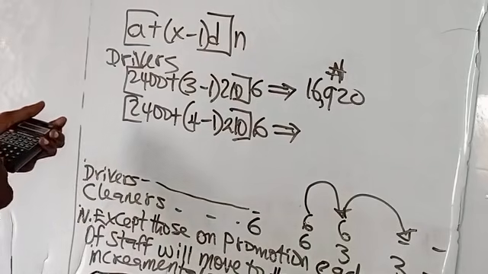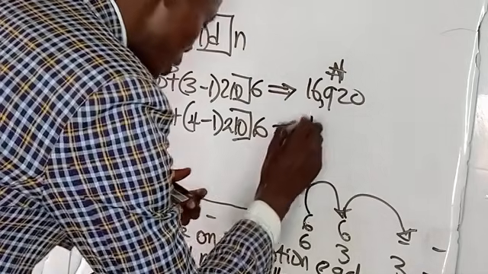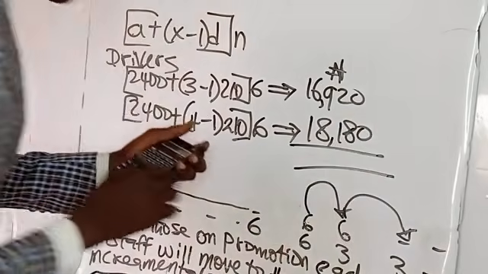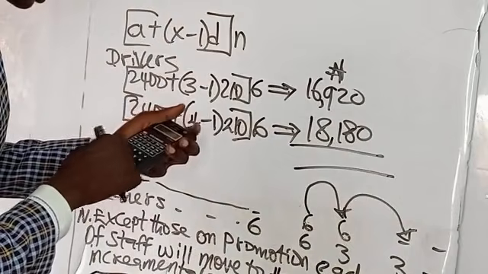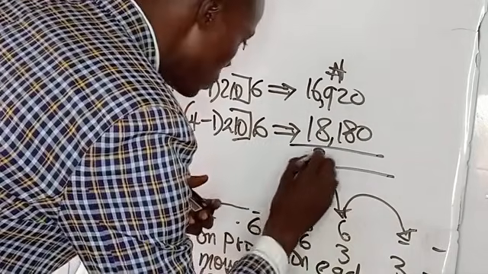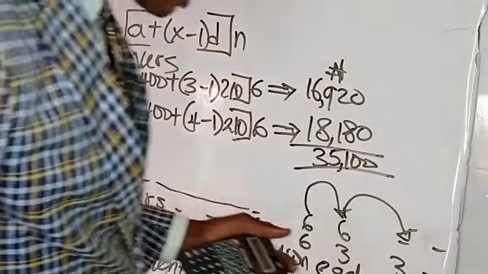That is 3,030 times 6 employees. So we have 18,180. Now let's add it up, plus 16,920. So that is a total of 35,100. That is for the drivers.